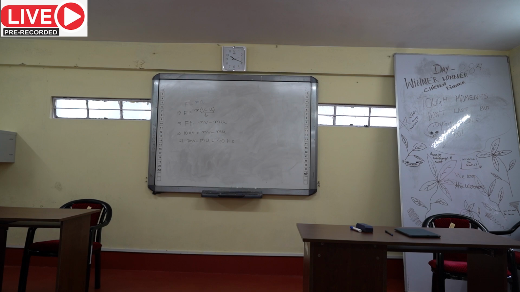It is changing velocity, right? But u is not given. Acceleration means v minus u by t. So how can you consider u to be 0? It is not mentioned in the problem. Is it clear to everyone? So not always do you have to find mv minus mu. If force and time are given and you take their product, then it is also the change in momentum. That is called impulse.